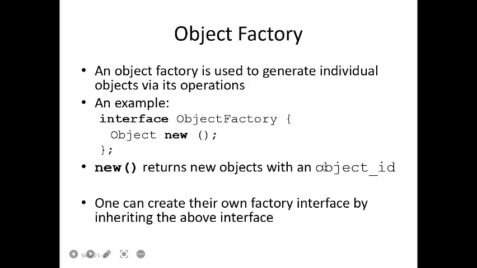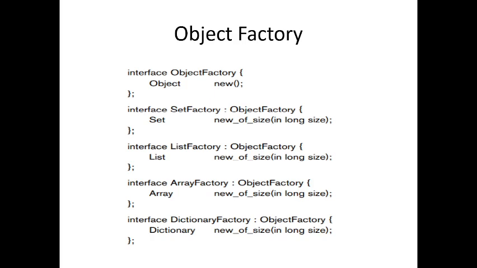By inheriting this interface, users can create their own factory interfaces for each user-defined atomic object type. And the programmer can implement the operation new differently for each type of object. It shows the ObjectFactory interface and the new interface SetFactory of this ObjectFactory, and it has ListFactory, ArrayFactory, and DictionaryFactory.